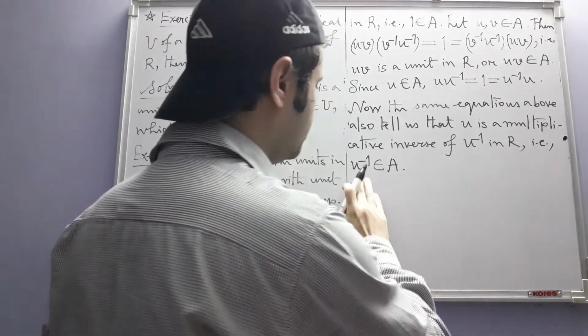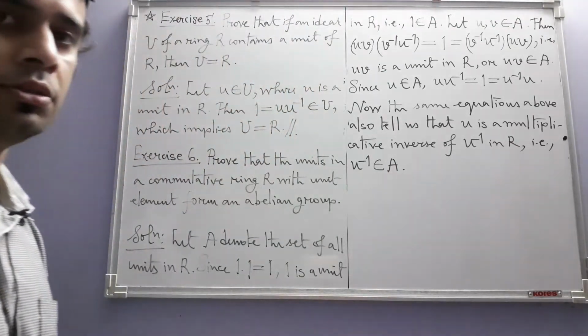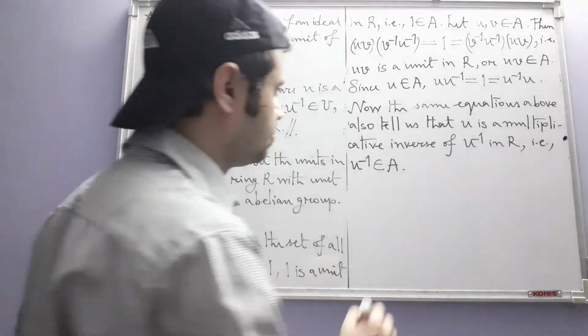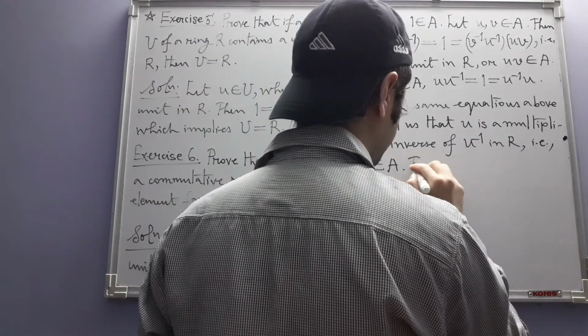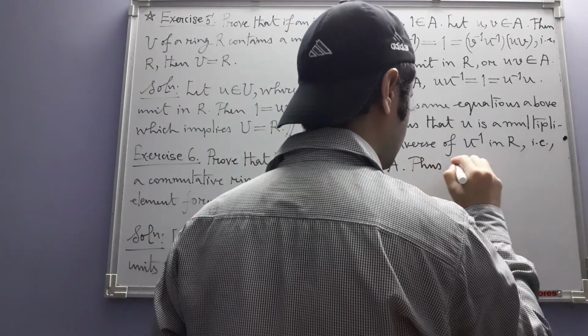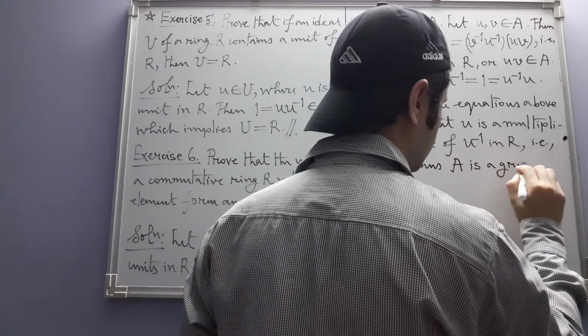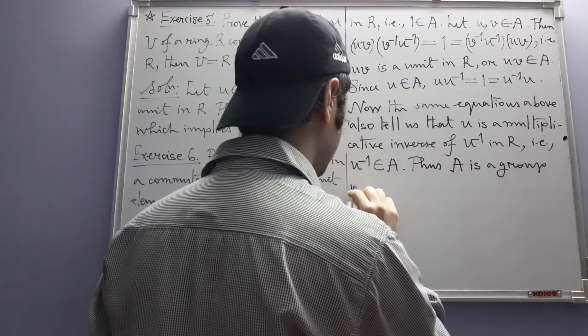So that's why u inverse is also a unit in R, and as such it belongs to the set of units. Thus A is a group under multiplication.